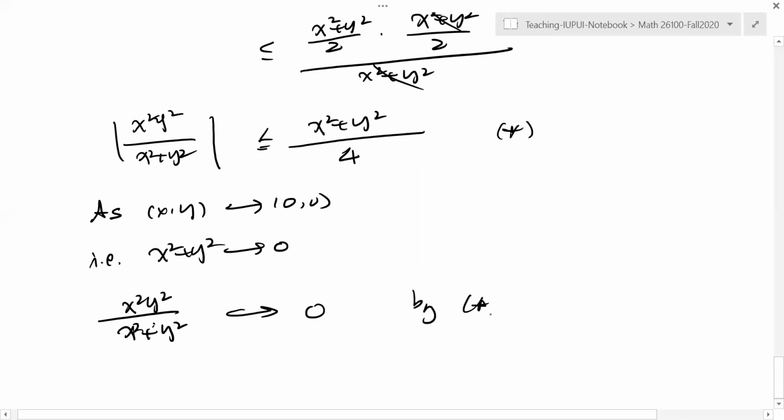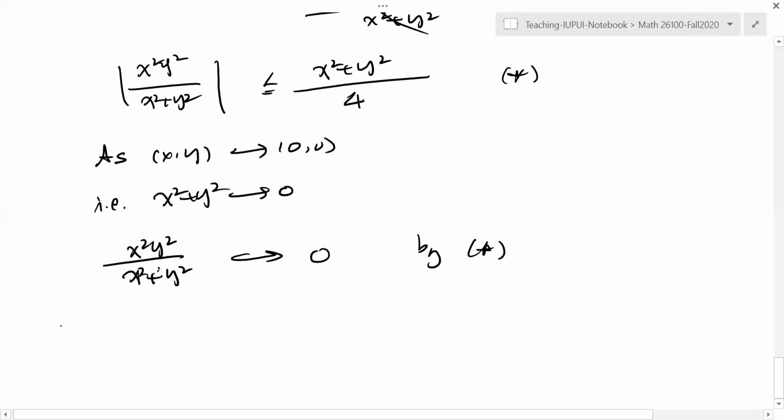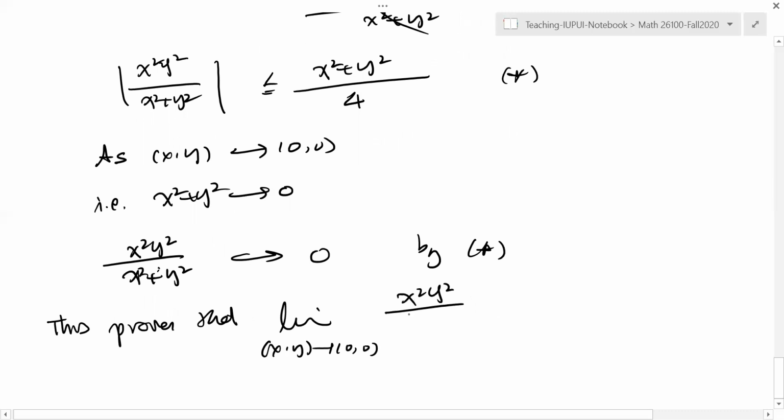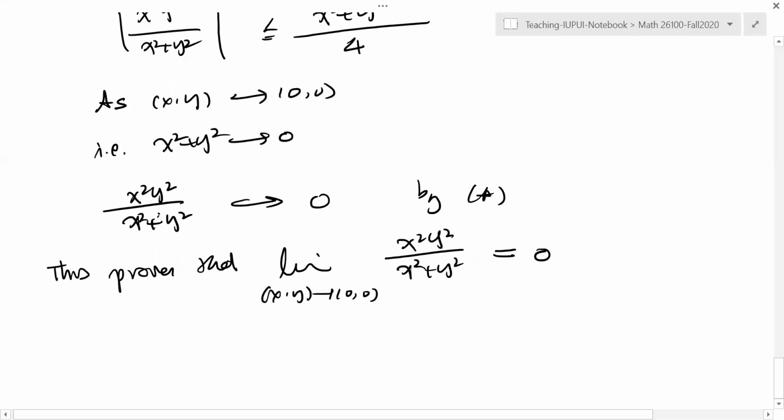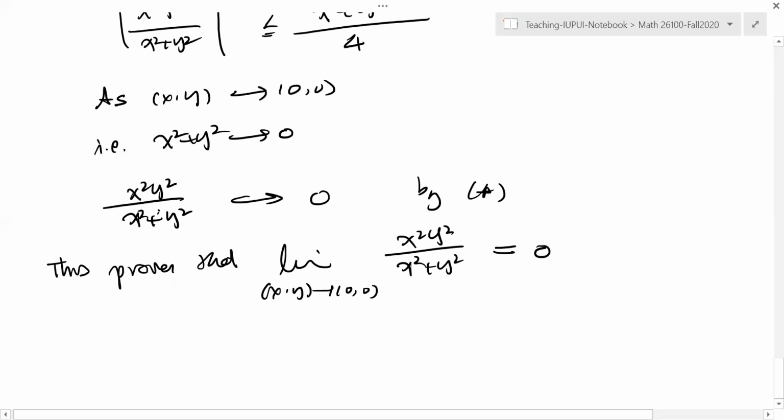Because this is bounded by another number that approaches 0, this is called the squeeze theorem. So therefore we conclude that the limit as (x, y) approaches 0, 0 of x squared y squared over x squared plus y squared is 0. But you have to give some argument. That's not easy to do.